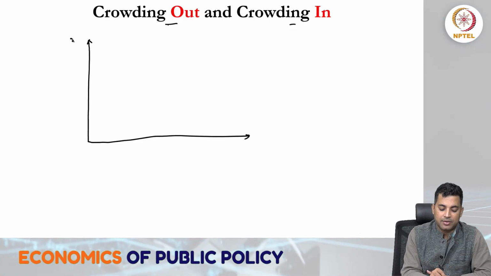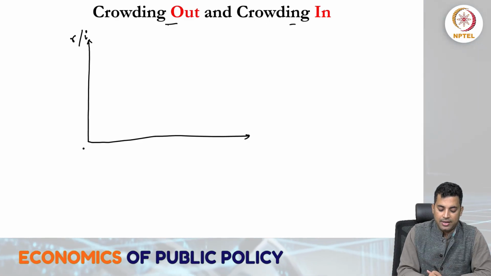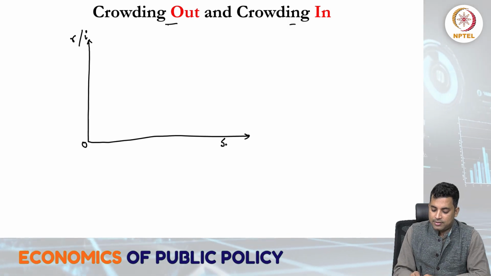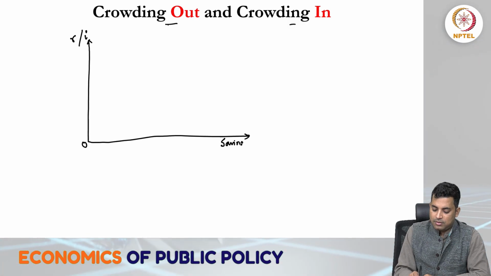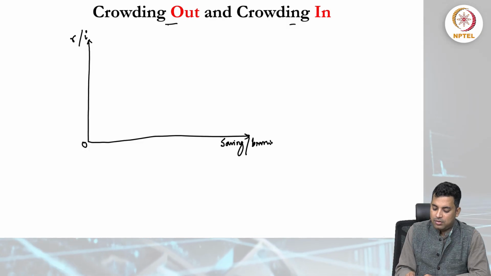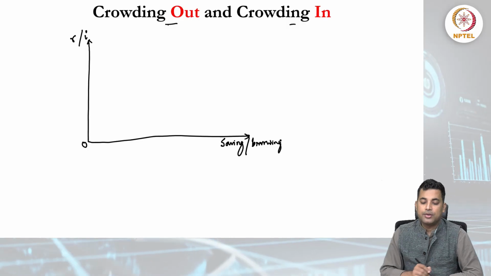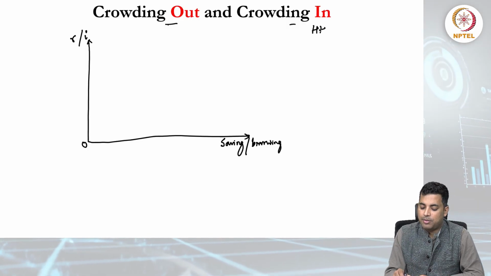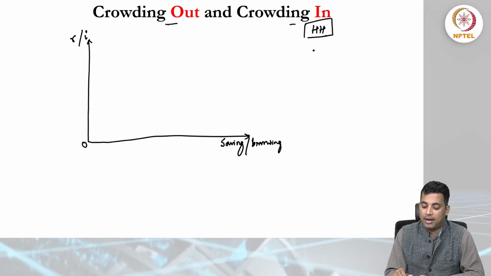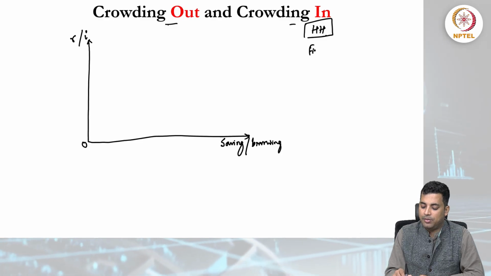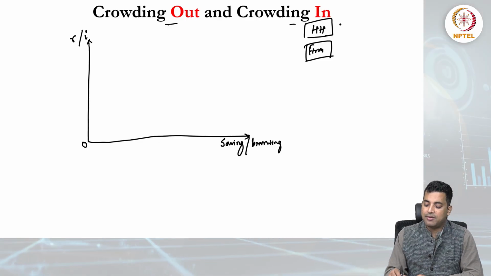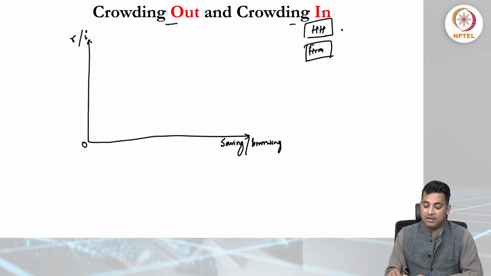the rate of interest, either small r or small i, and then here savings. In the household, just one more assumption that we are supposed to know, and I'm just reiterating it again, to recollect: savings and investment.